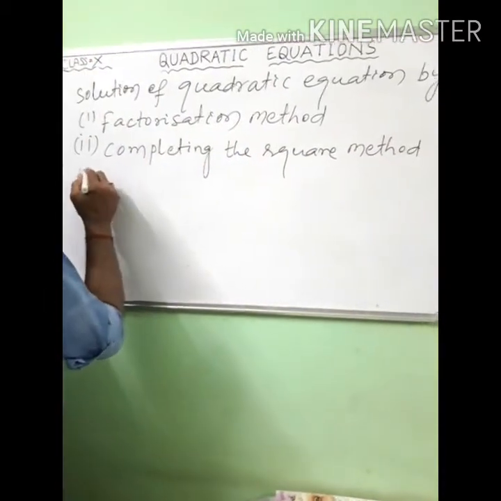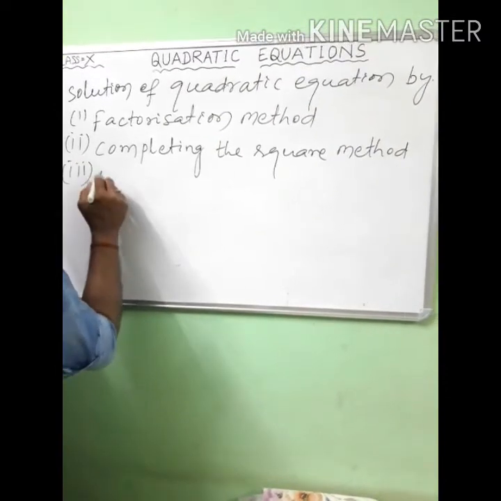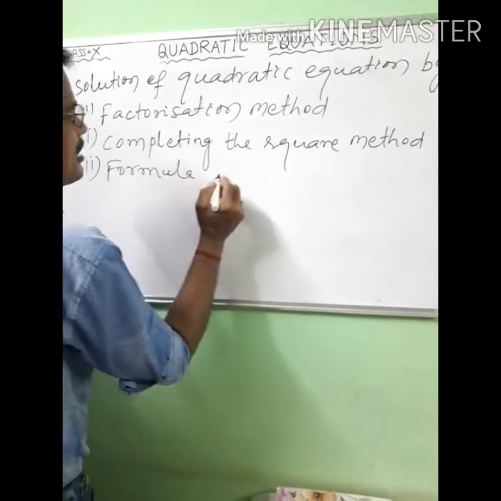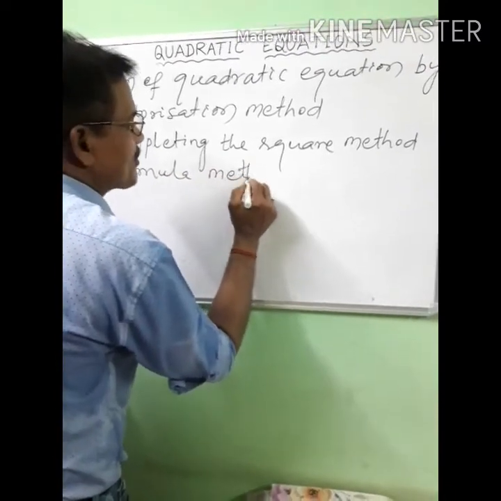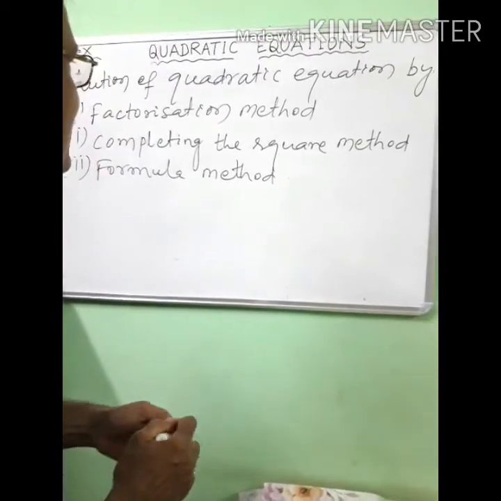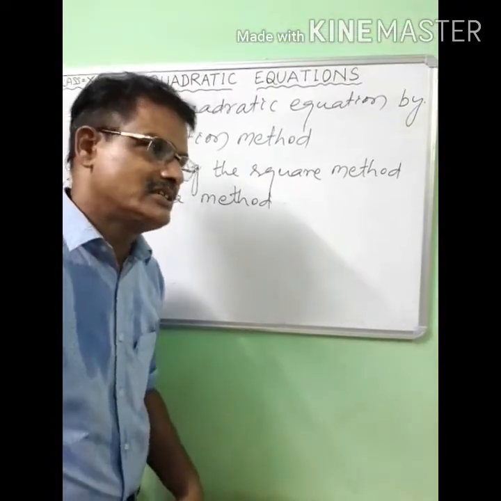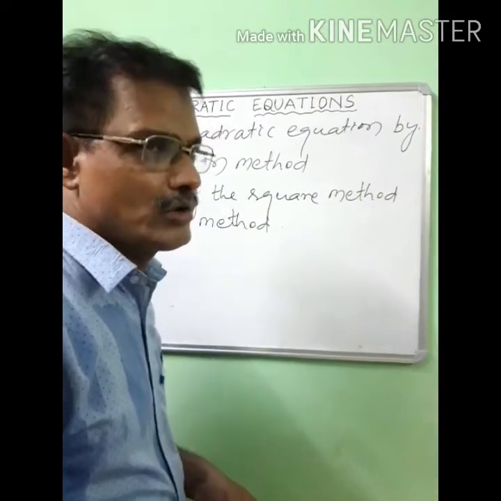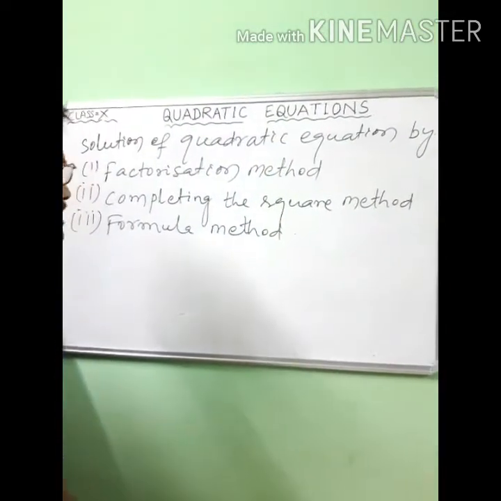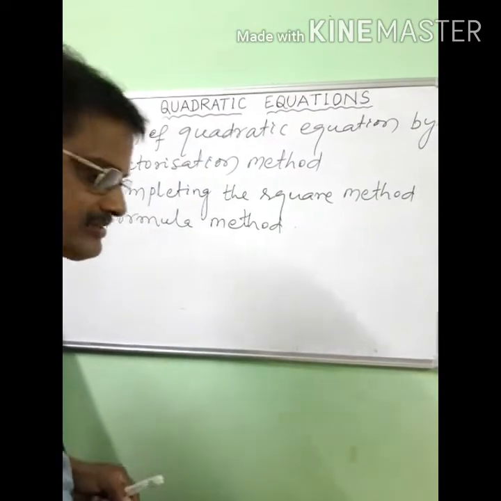And third one is formula method. Formula method means quadratic formula method. Okay. These are the three methods to find out two roots of the quadratic equation, or to find the solutions of quadratic equations.